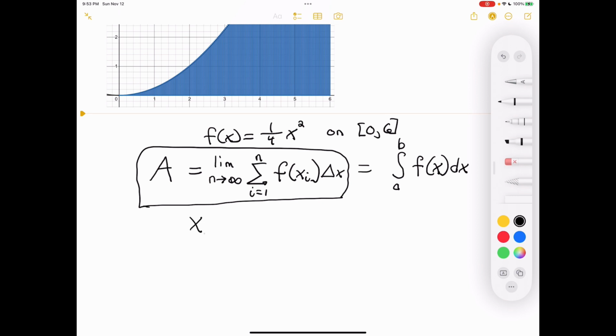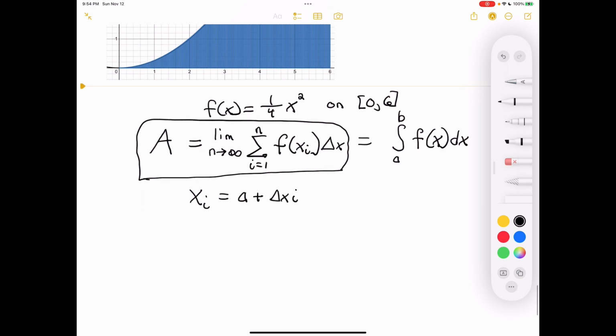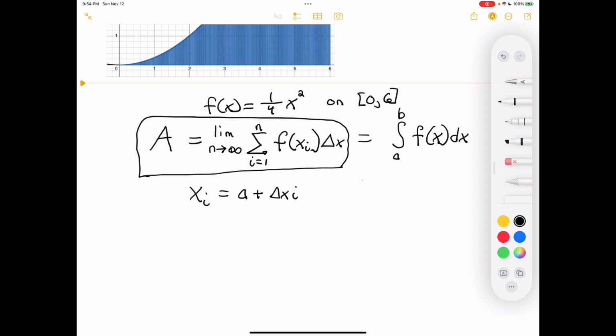Our x sub i, which if you remember, for right-hand endpoints is a plus i delta x, is still the same. And another thing is that our delta x, before, we got b minus a over n, which is the formula. We picked a specific n of 6, so we got a specific delta x value. Here, we're going to leave n as a variable.